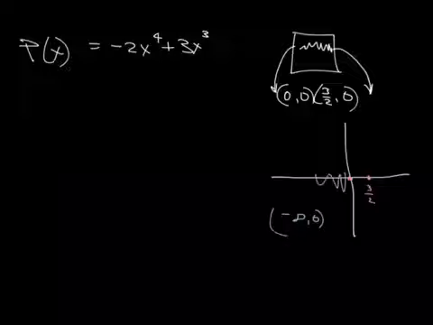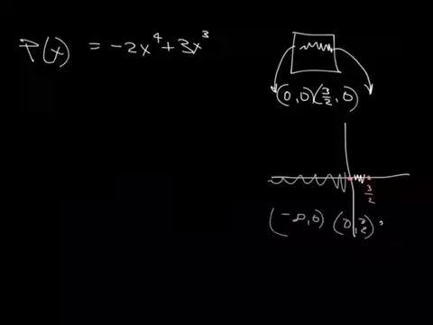So that's everything that goes on over here. I've got 0 to 3 halves, which is everything that goes on in here. And then I've got 3 halves to positive infinity, which is everything that goes on over there. Okay, so those are my 3 intervals that I want to look at.